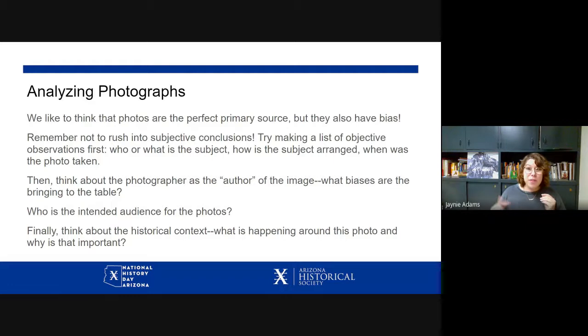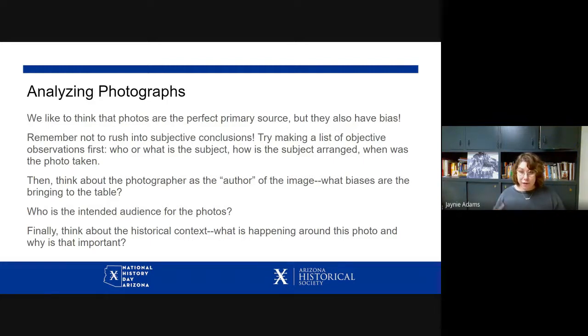And now we know that there's Photoshop and there are deep fakes and all kinds of things like that. So photographs can easily be manipulated, and not just after the fact, but manipulated at the time that the photograph is being taken. So it's really important to remember that photos also have bias.